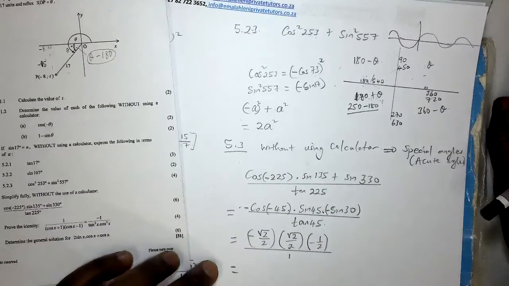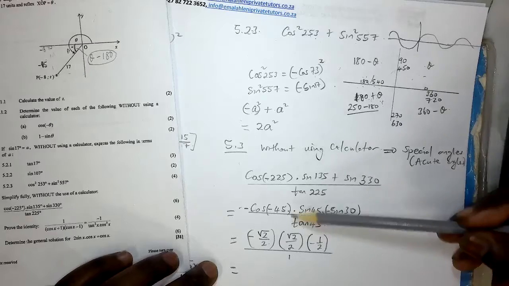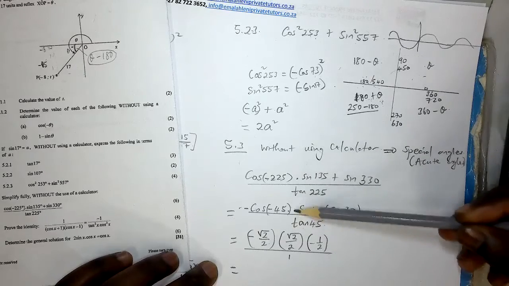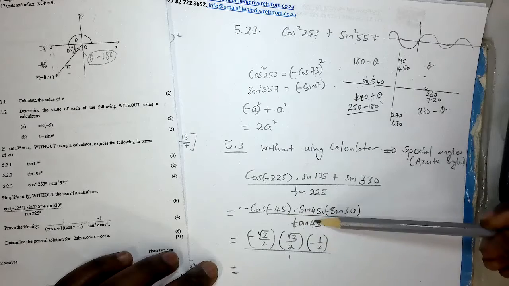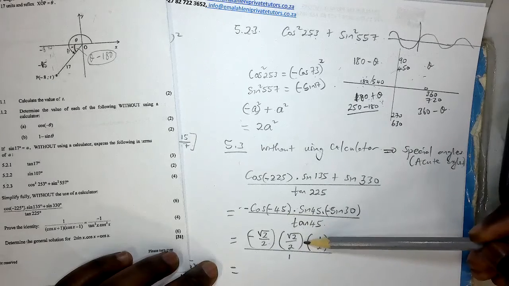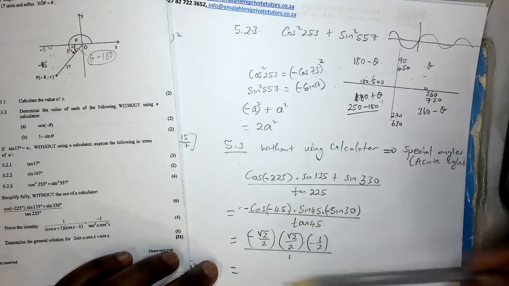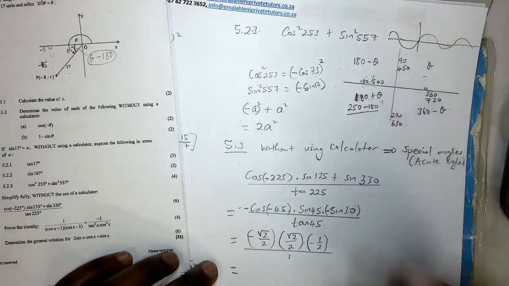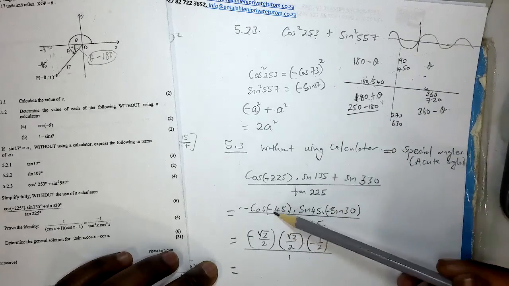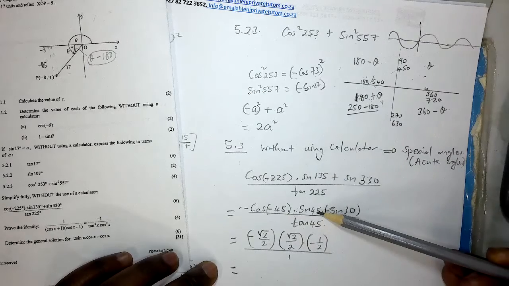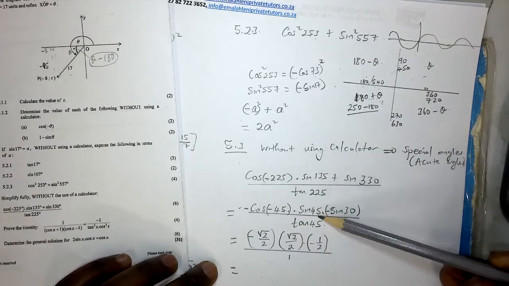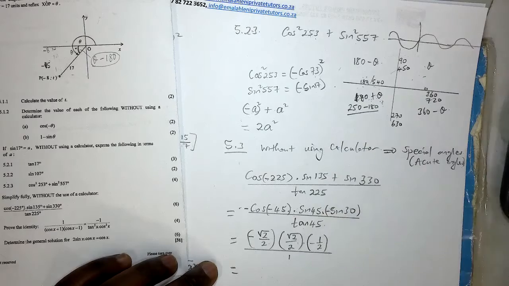So you see where you get your marks. You get your marks by writing the acute special angles, and you get your marks again by also writing the values of those acute special angles. Because if you just punch everything here, you're going to get to the answer. But you need to show that you know that 135 is equivalent to 45, and 45 we know has a value.